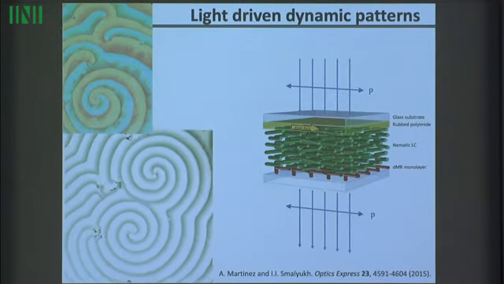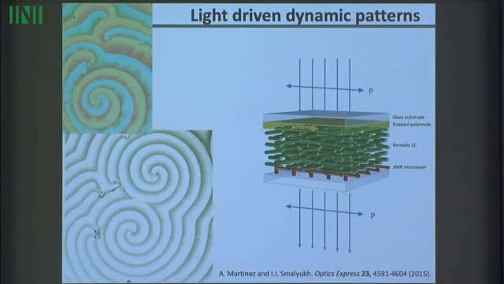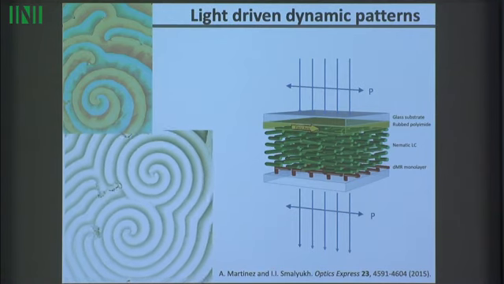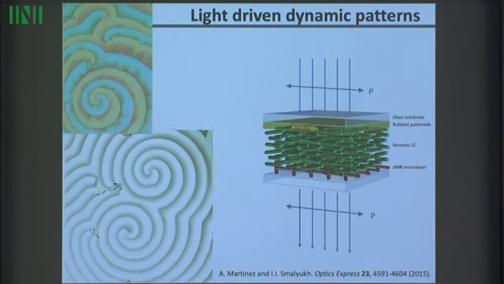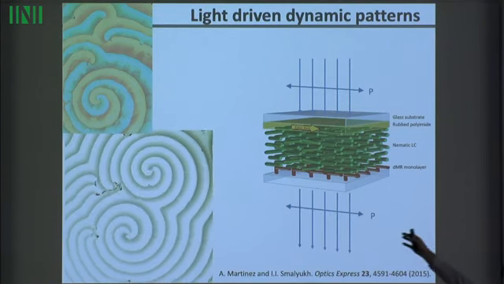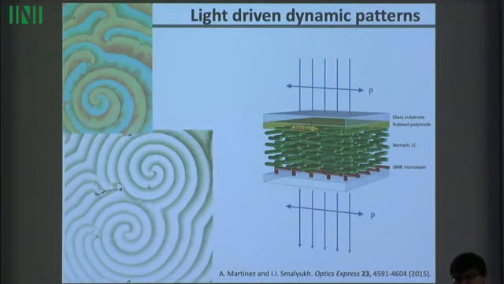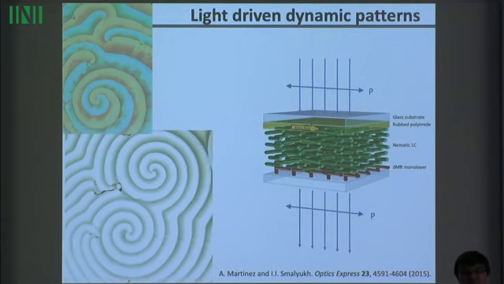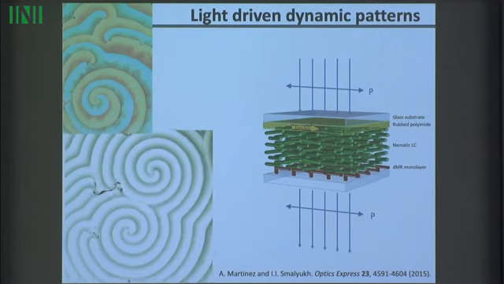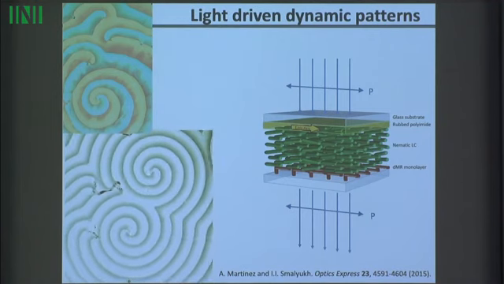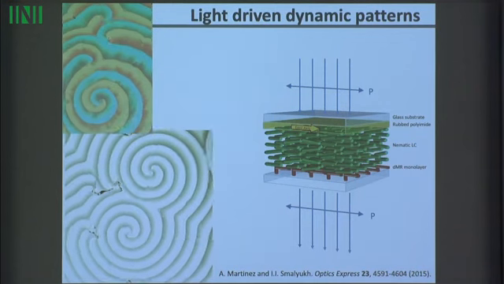Now, what's very interesting is that as we were playing with this alignment layer some time ago with my student Angel Martinez, he observed these kind of beautiful patterns as he was shining polarized light through liquid crystal. And that was unexpected, and it took us a while to understand what was going on.